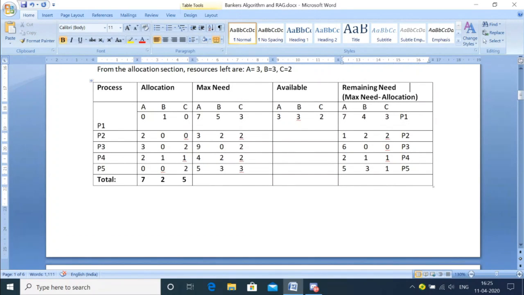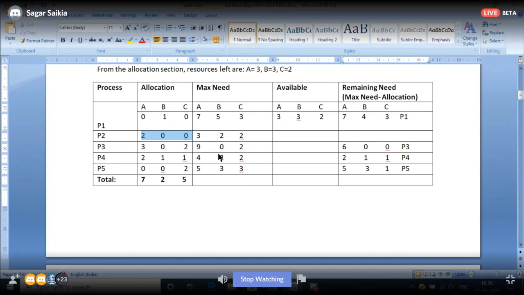Once P2 has exited from here, let's say, this is just for temporary purposes, I'm deleting it. Whatever resources P2 was holding, once it has executed and exited from the system, whatever allocation it was holding, that it has to release.